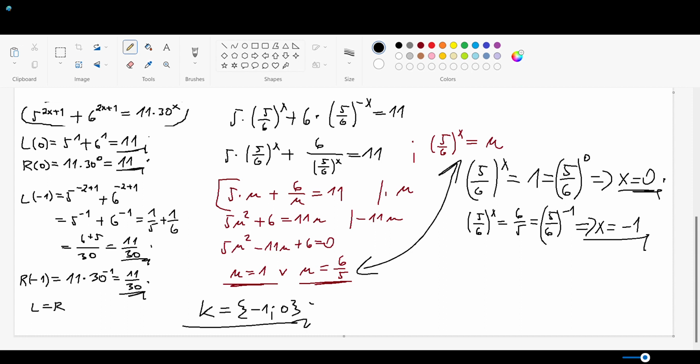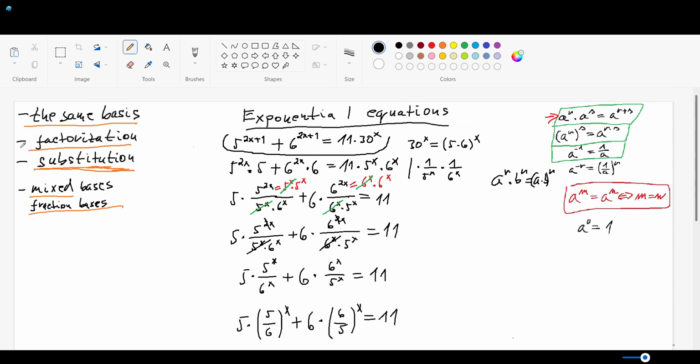Now, concerning this, I have one more example, and I'm going to show you that even if the equation looks like it can be solved by the method of mixed bases, sometimes when you really start solving the equation, you will come to an equation whose solution is really easier than you were expecting.